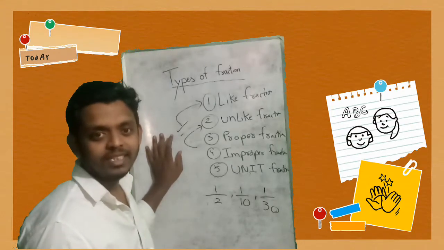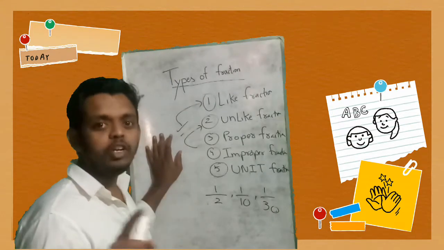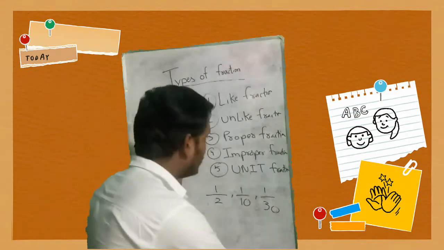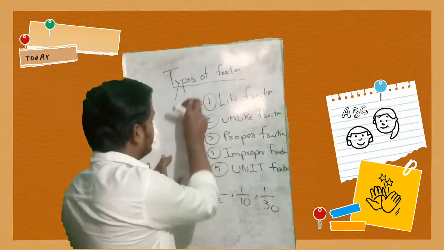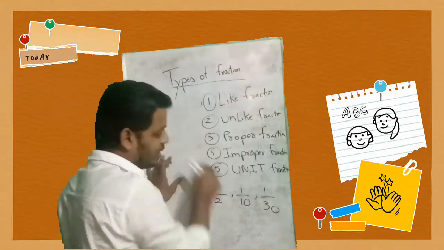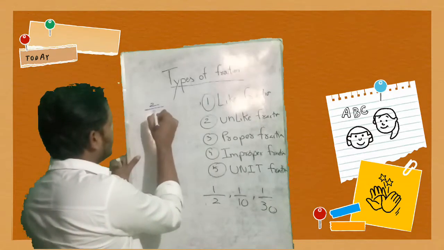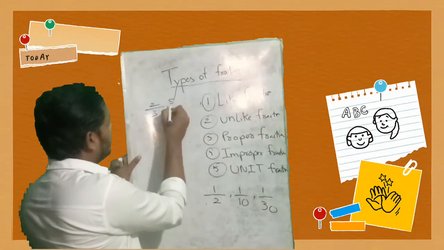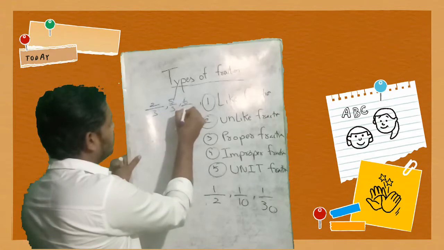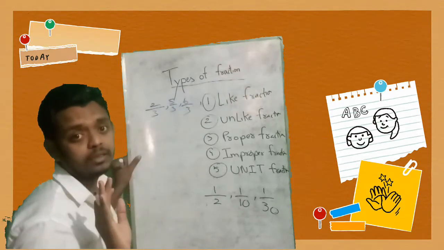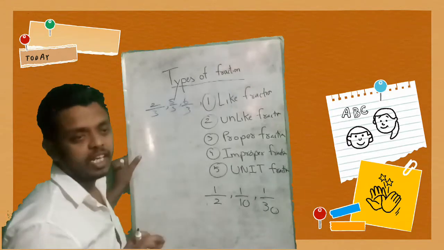The fractions having the same denominator are known as like fractions. For example, 2 by 3, 5 by 3, 6 by 3. All the fractions have the same denominator, so those are known as like fractions.